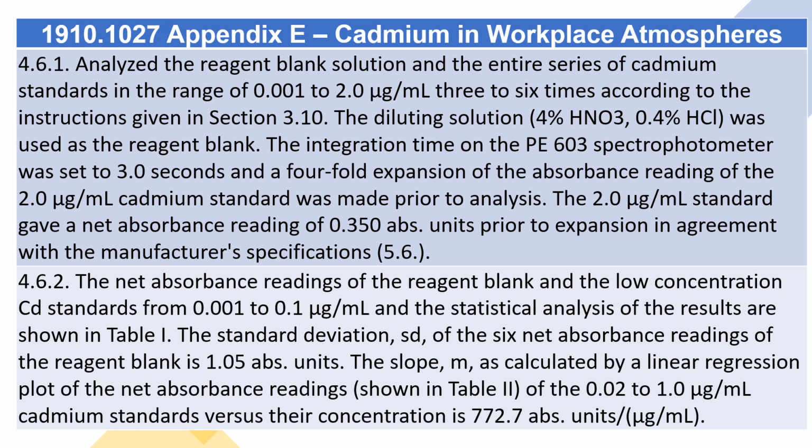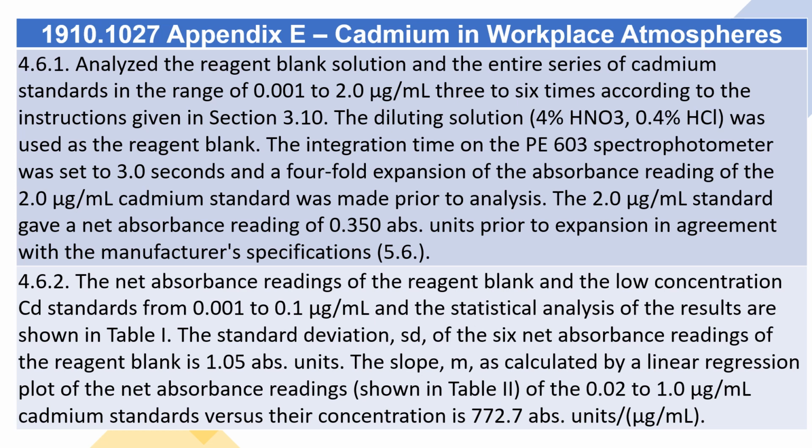4.6.2. The net absorbance readings of the reagent blank and the low concentration Cd standards from 0.001 to 0.1 µg/ml and the statistical analysis of the results are shown in Table 1. The standard deviation, SD, of the 6 net absorbance readings of the reagent blank is 1.05 abs. units.